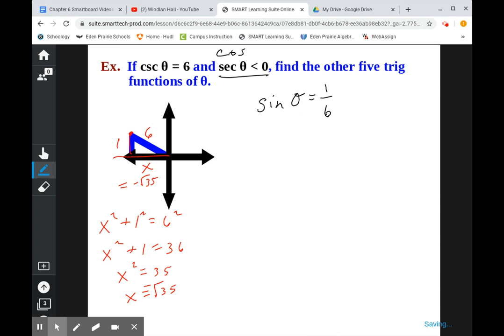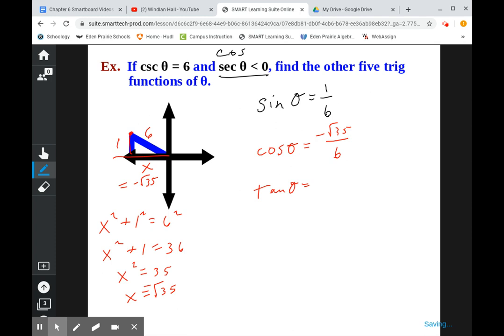So now we can find all the other trig functions. The sine of theta equals 1 over 6. The cosine of theta equals adjacent over the hypotenuse. That's 1, or excuse me, that's negative square root of 35 over 6. The tangent of theta is the opposite over the adjacent.